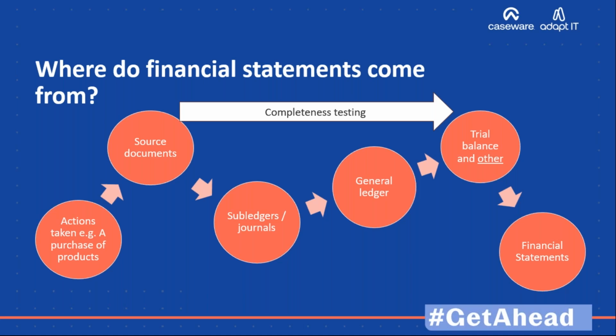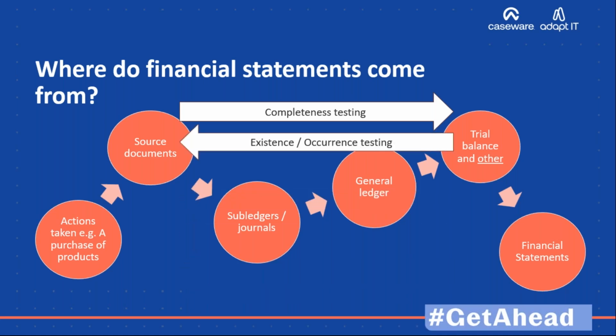That's what I've just explained to you. The existence or occurrence testing will be to take from your financial statements, whatever has been disclosed, then you track it back down to the source. You do the other way around in this particular schedule that you see on your screen.